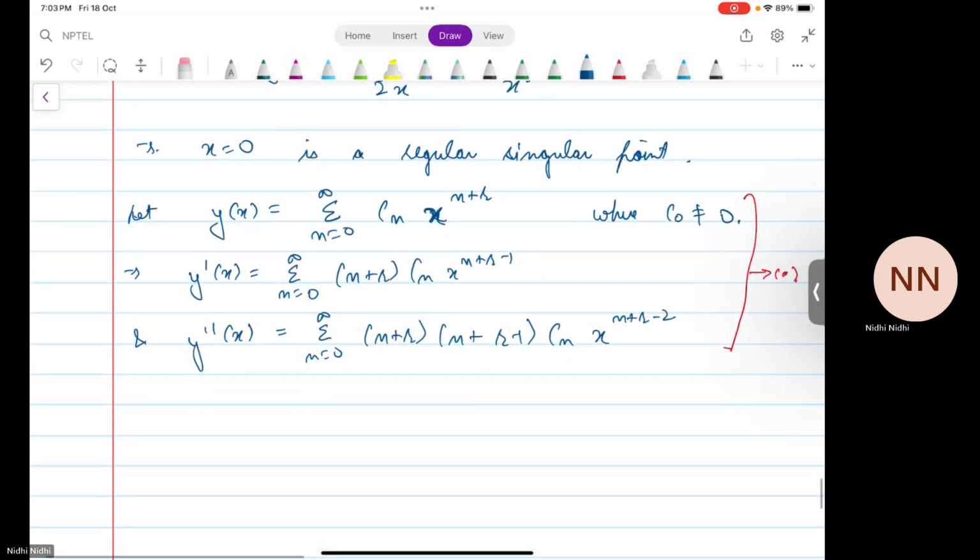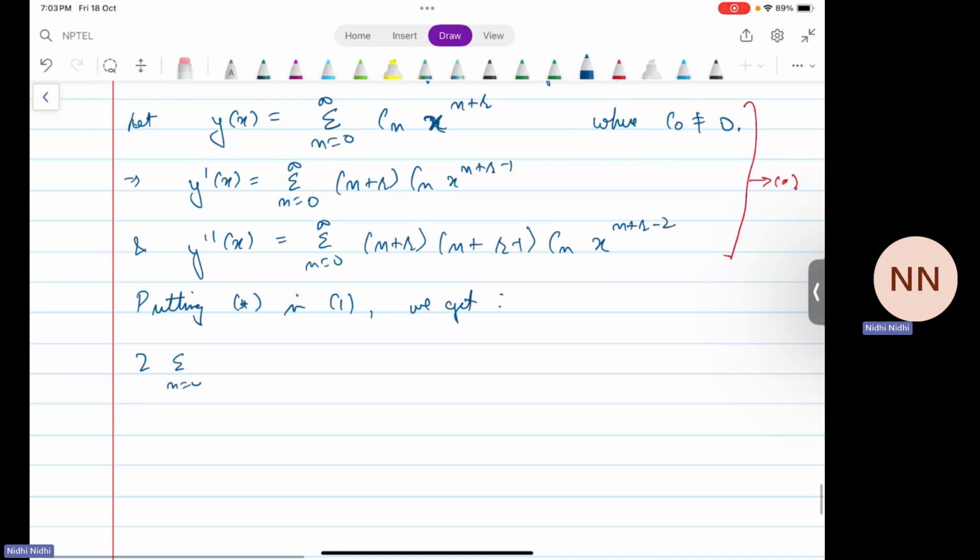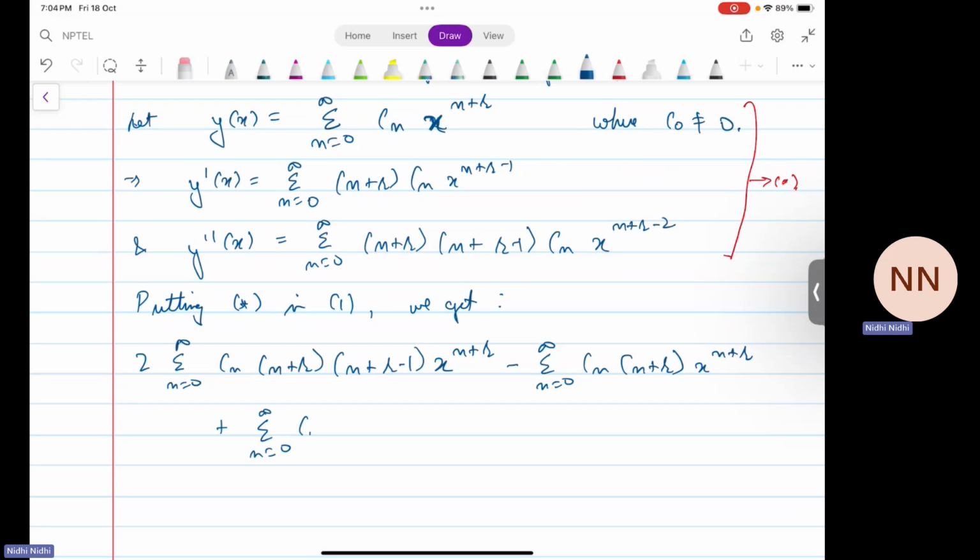Substituting star in 1 we get, so we have just been putting the values of y dash and y double dash in the given equation.